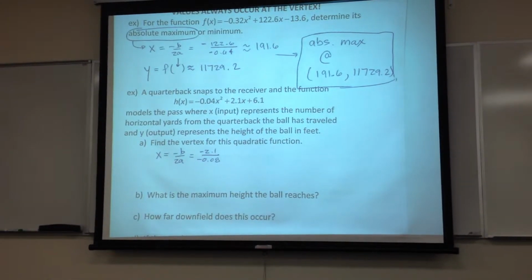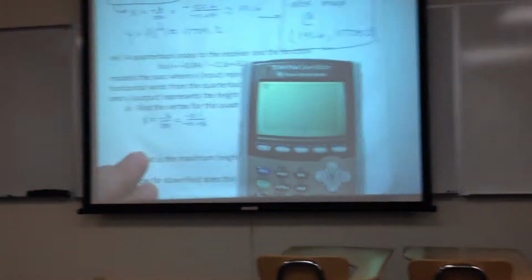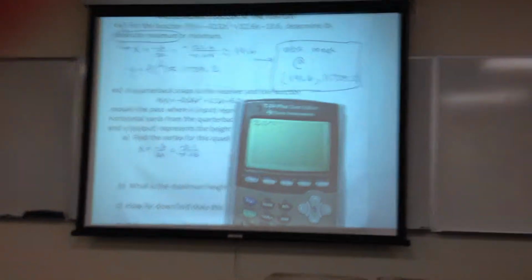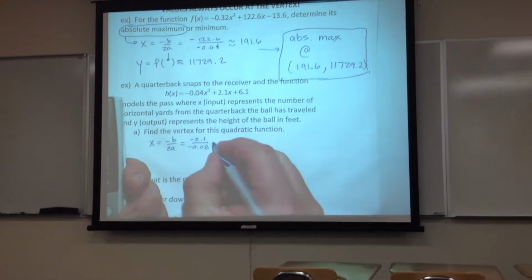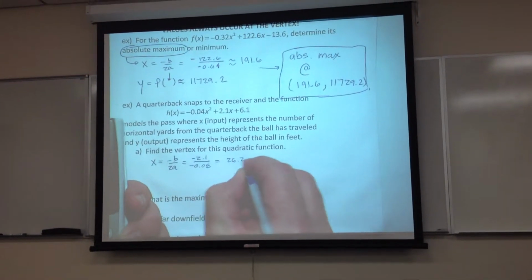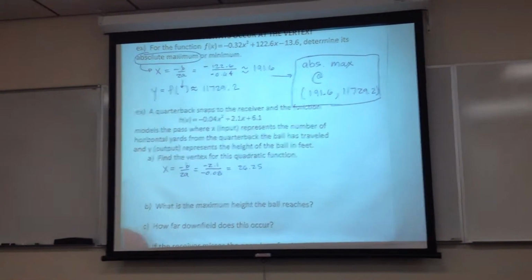When I crunch that out, 2.1 divided by 0.08 gives me 26.25. So there's the x half of my vertex.